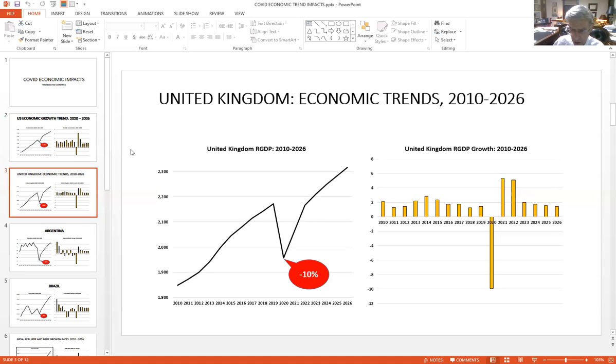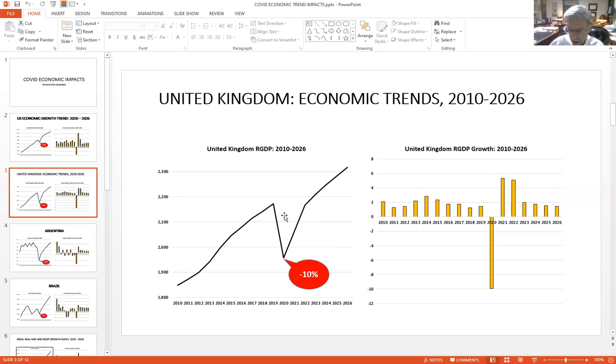And yet you can see that last year the UK's real economy dropped 10%. Now I've rounded it off. It might be 9.8% or something like that, but all these numbers have been rounded off, I think, except one, which was 0.5, so I called it a half.